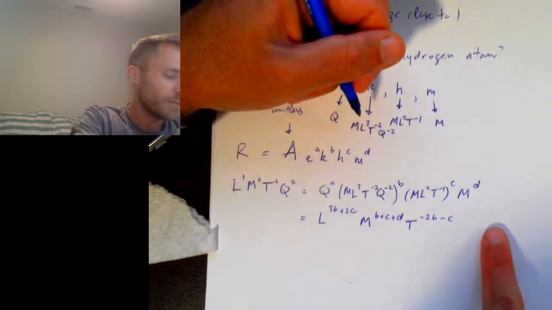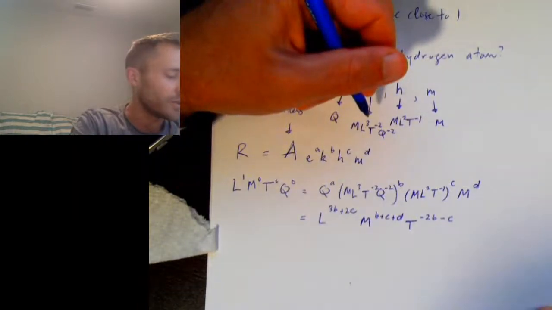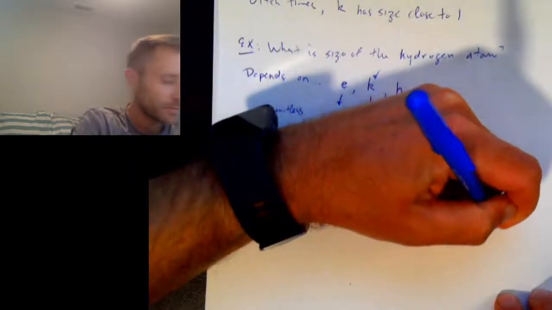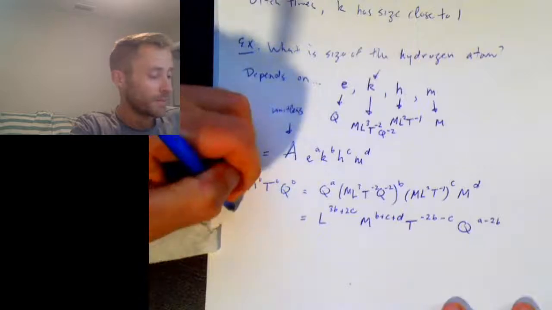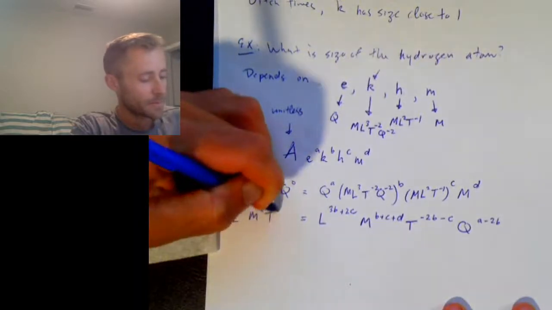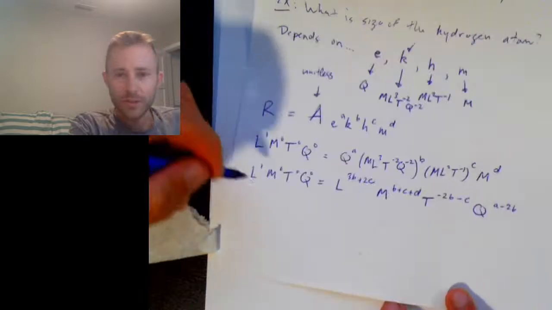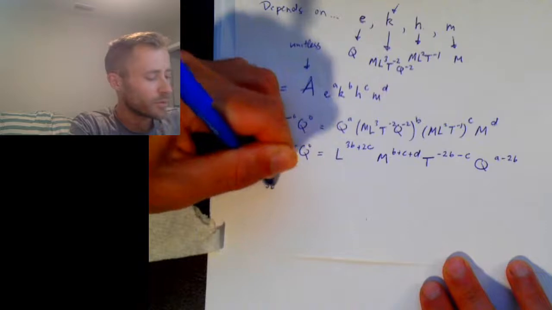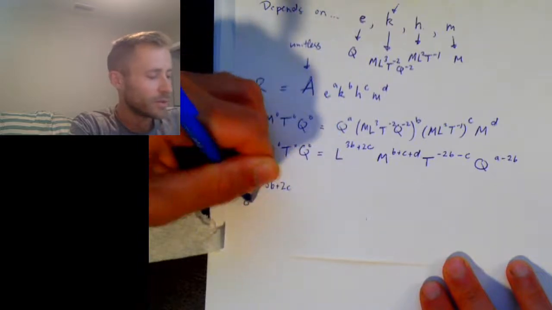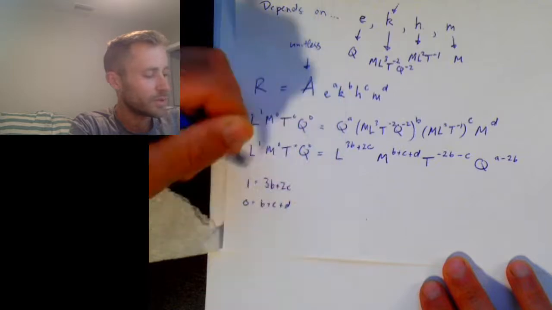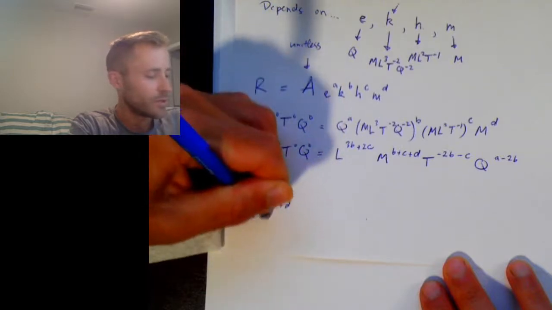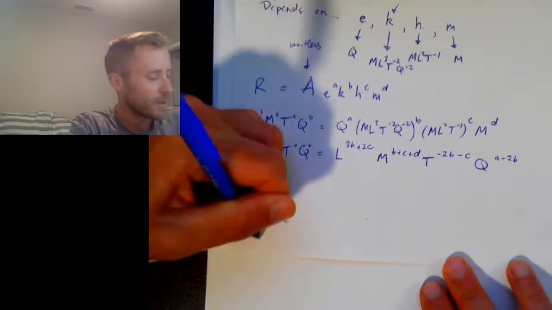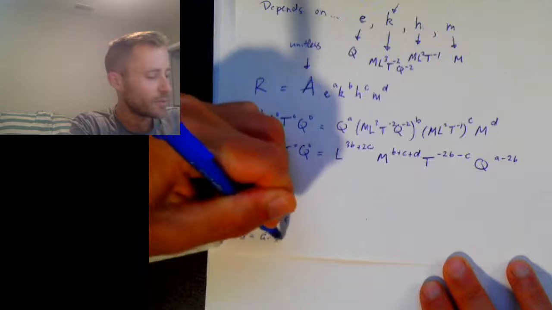And then I have Q to the a minus 2b. So now matching those powers, I have 1 equals 3b plus 2c, 0 equals b plus c plus d, 0 equals negative 2b minus c, and 0 equals a minus 2b.